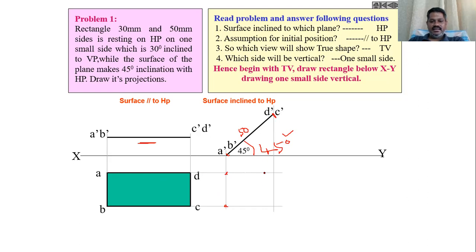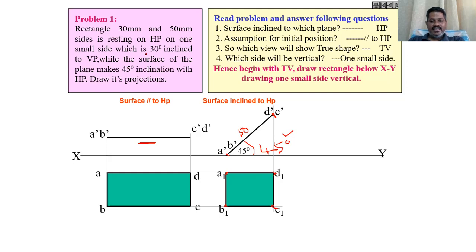Then D dash and D, we will get one more point here. Then C and C dash, we will get one more point here. I'm naming these points as A1, B1, C1 and D1. Then join all those points to get a reduced shape when the plane is making 45 degrees angle with the horizontal plane.